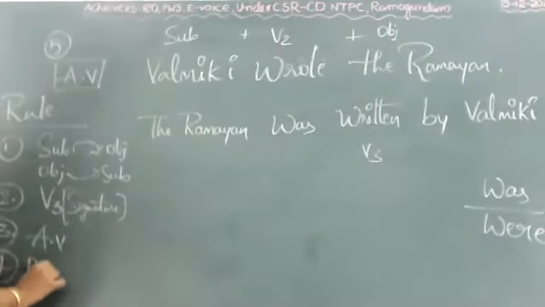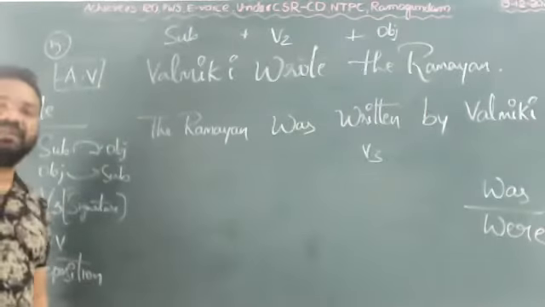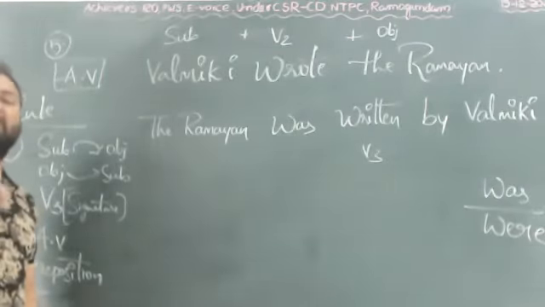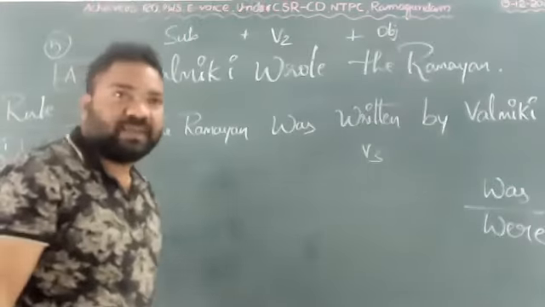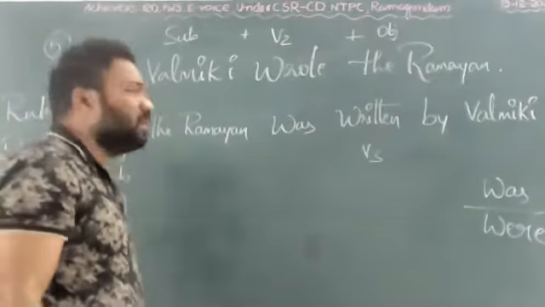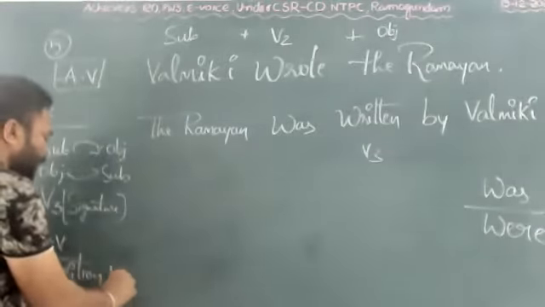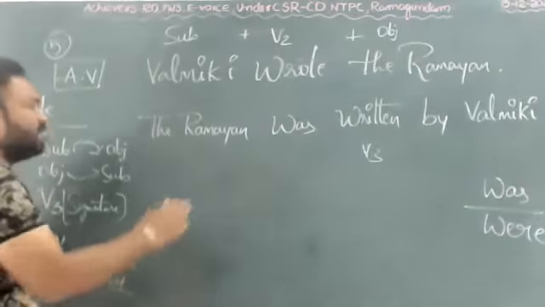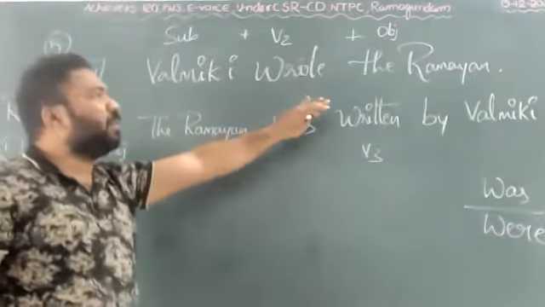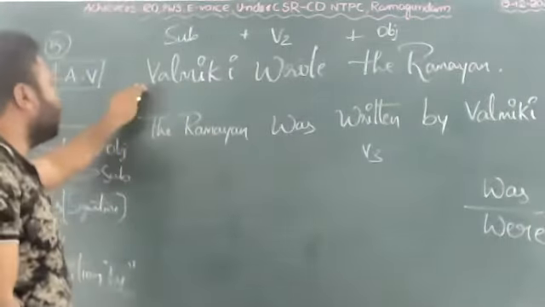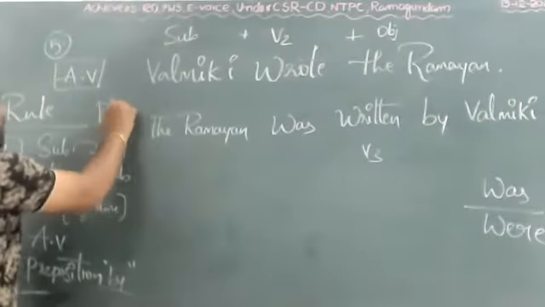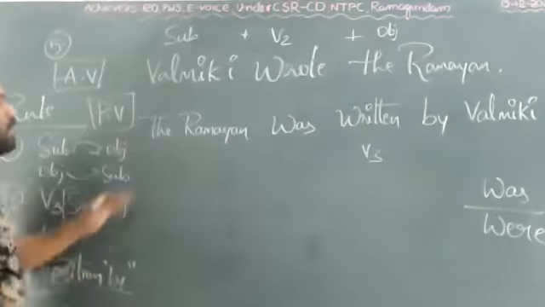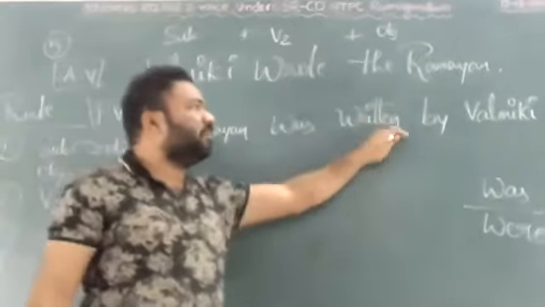We have to write a suitable preposition. In many cases, when there is an object which receives the result of the subject, then obviously it has to be by. So the preposition by is used in this case. So Valmiki wrote the Ramayana, which is in active state, turns to passive voice in this way. The Ramayana was written by Valmiki.